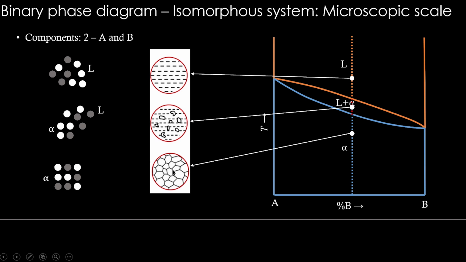At high temperature we have liquid, everything is in the liquid state, and in between, in the liquid plus alpha region, we have liquid phase and alpha grains. So this is the microscopic view, this is what you will see under a microscope.